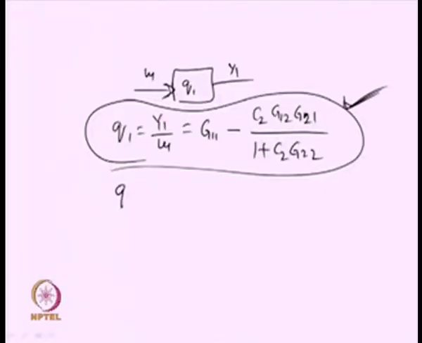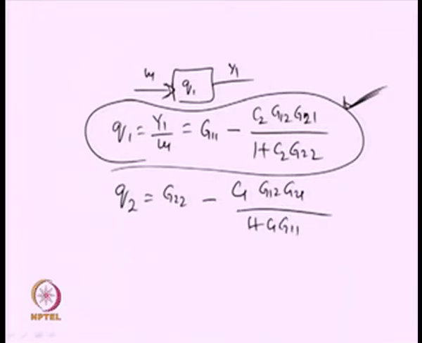Similarly, I will get an expression for Q2 as G22 minus C1 G12 G21 upon 1 plus C1 G11. Okay. So, this is how we find two SISO transfer functions for the dynamics of the TITO system.